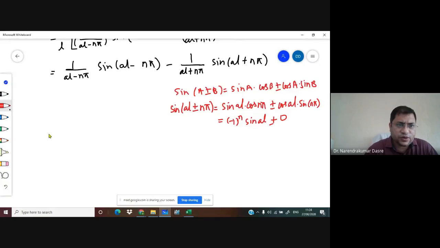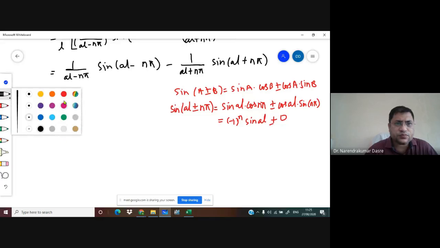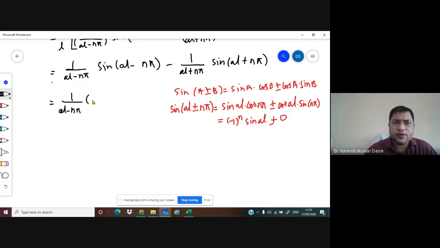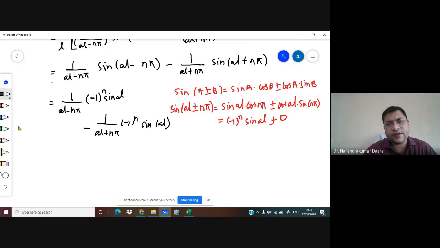And hence we are able to write this as, this is equal to 1 upon AL minus n pi, minus 1 raised to n and sine of AL. This term we have minus 1 upon AL plus n pi, minus 1 raised to n sine of AL.